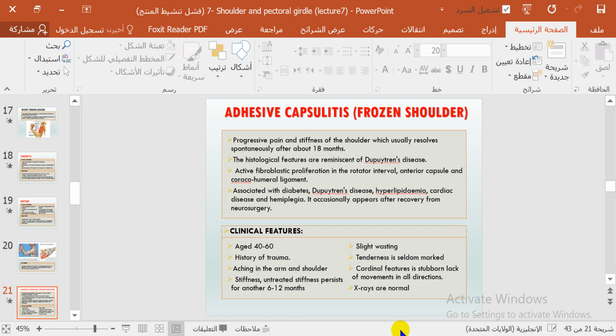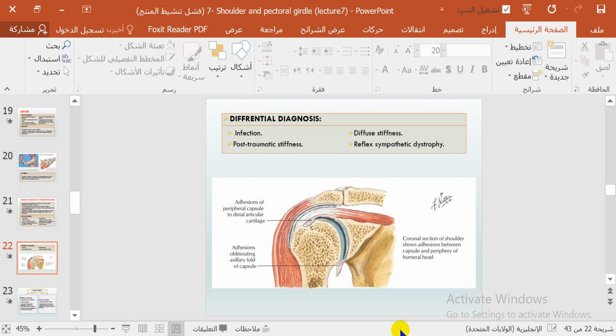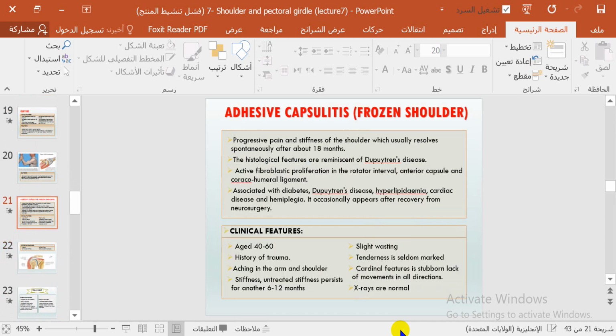The main movements most restricted are abduction and internal rotation. And the disease passes in 3 stages. First stage of painful condition, second stage pain and stiffness, and third stage painless stiffness. And each one might go from 6 to 8 months.